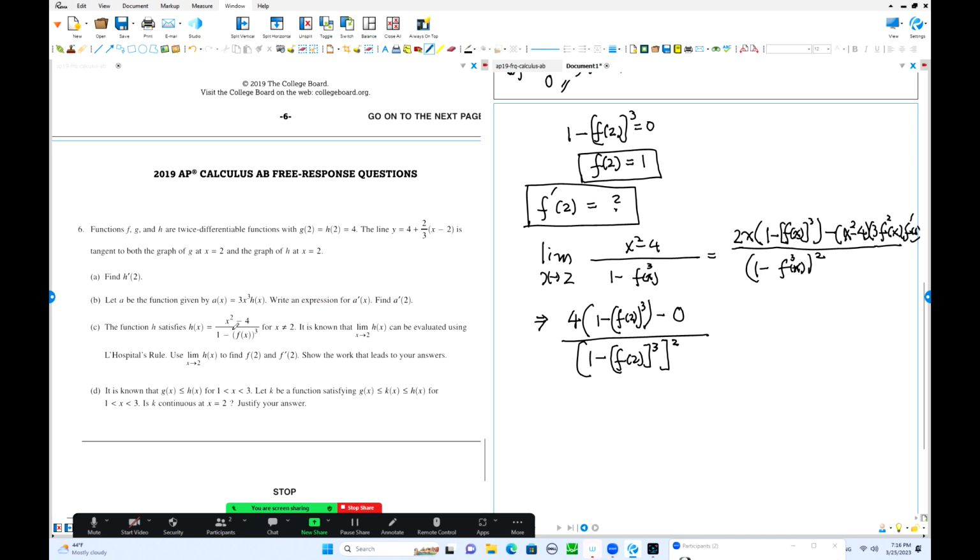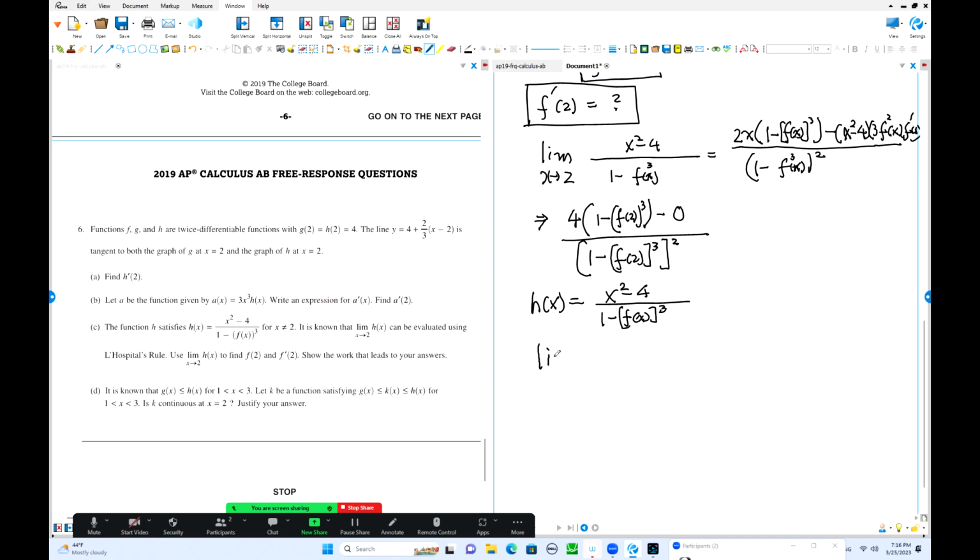This is h of x, sorry about that. We need to understand the question carefully. But the limit when x is close to 2, so the limit as x approaches 2 of h of x.